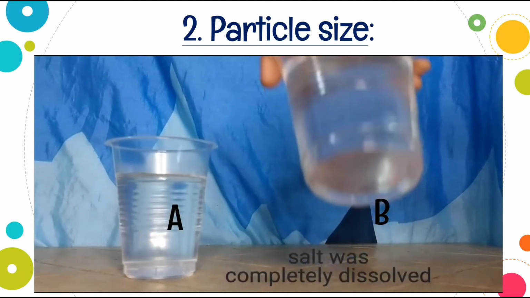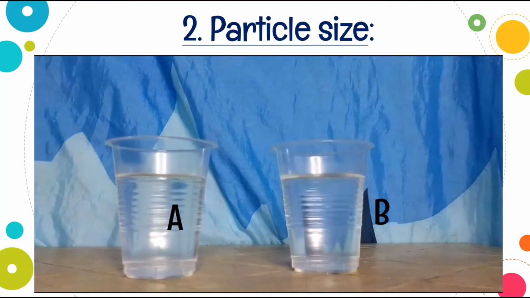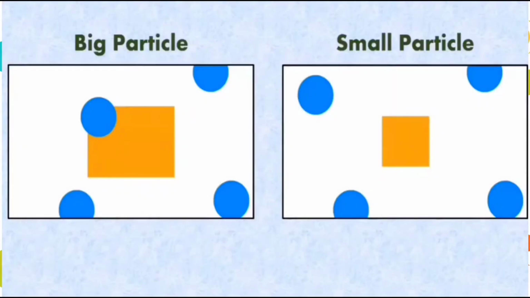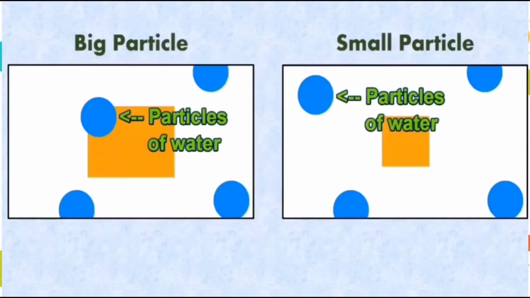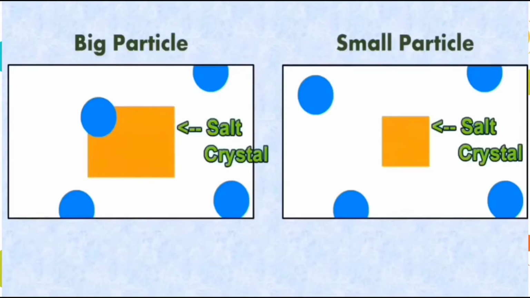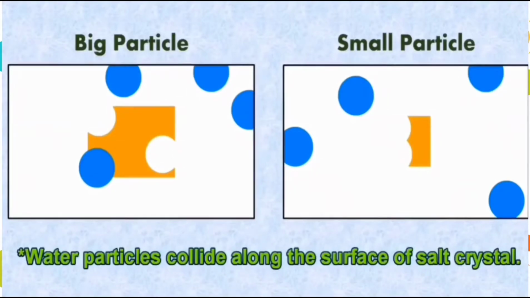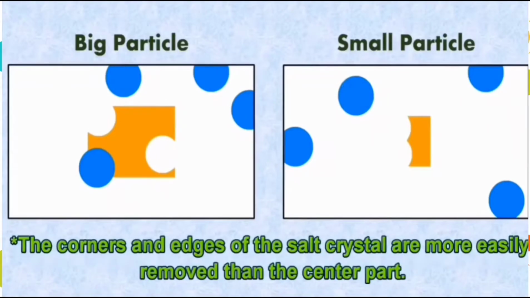As we can see, iodized salt dissolves faster because its particles are smaller than the rock salt. On this diagram, where the blue circle represents the water particles and the yellow square represents the salt crystal, we can see water particles colliding along the surface of the salt crystals.